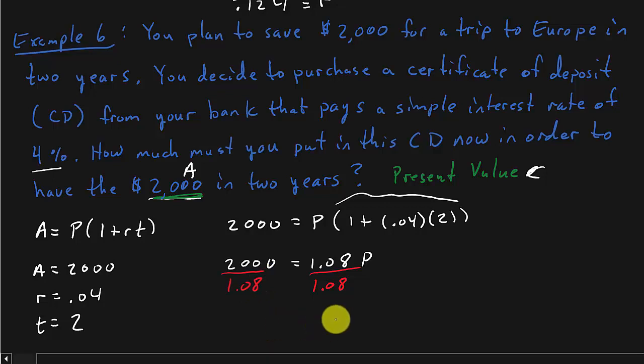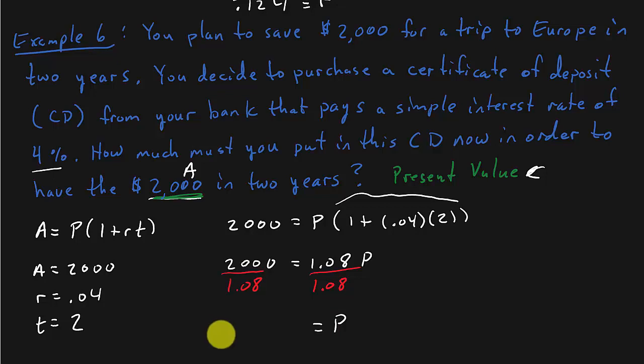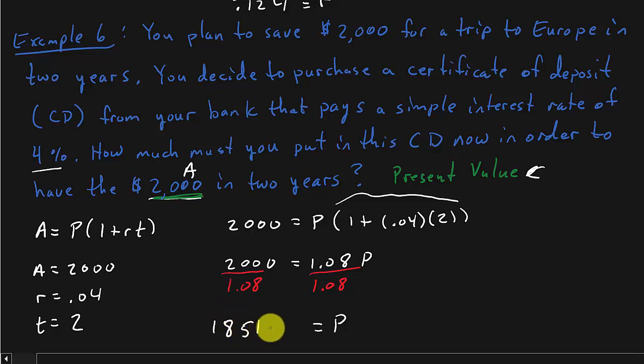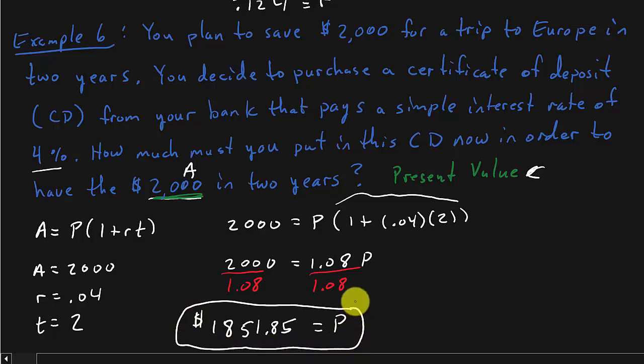And so that is going to give us P is equal to 2,000 divided by 1.08, that is going to be $1,851.85. And so that is your answer.